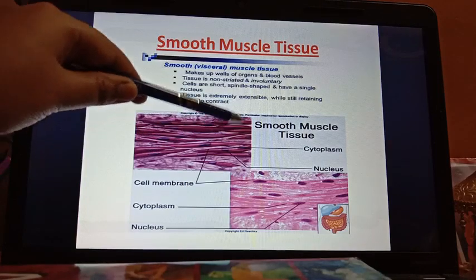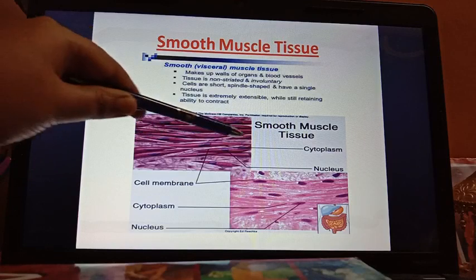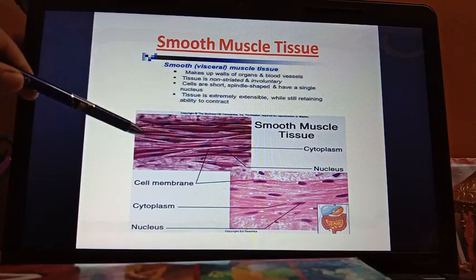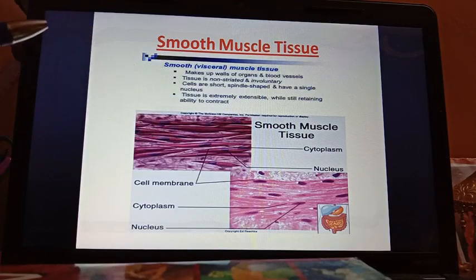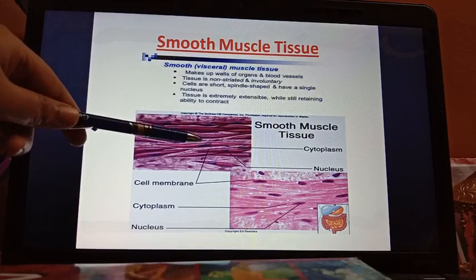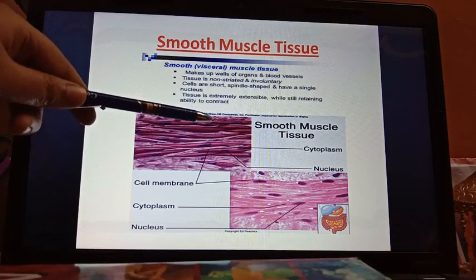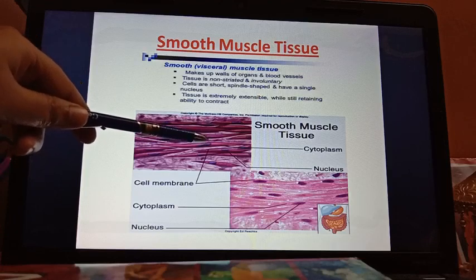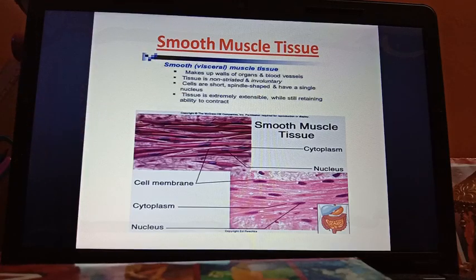Spindle-shaped means they are narrowing at their ends, that means they are tapering. The muscle fibers are uninucleated. That means you can see here a single centrally located nucleus is present. They are mainly found in different organs like the stomach, esophagus, blood vessels, intestinal wall, etc.